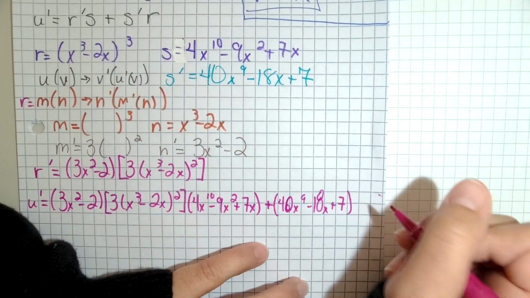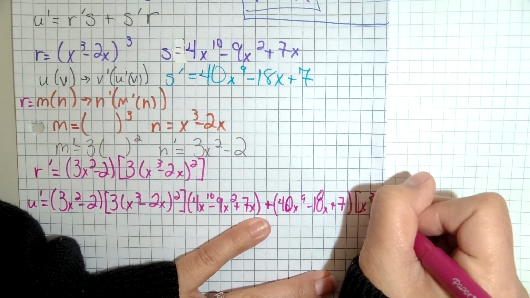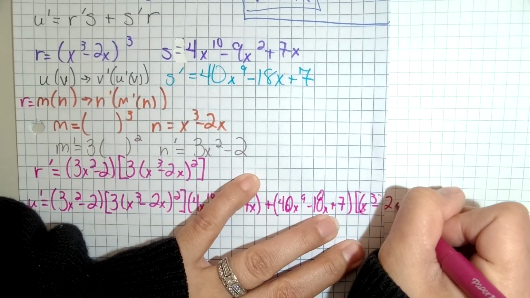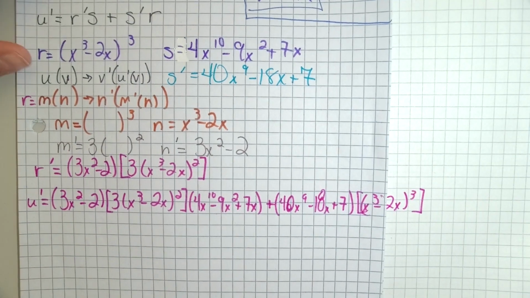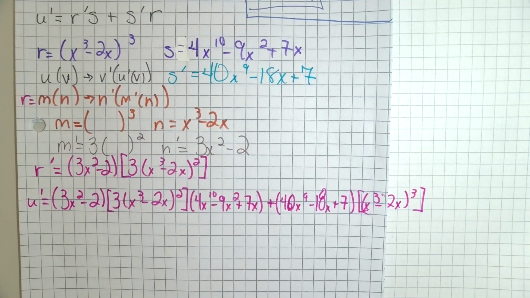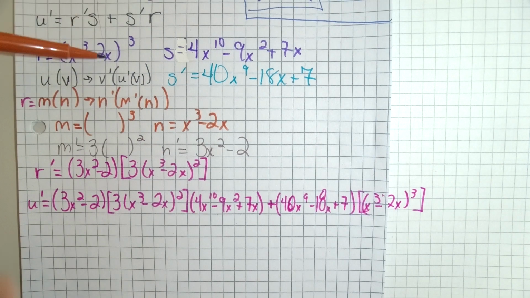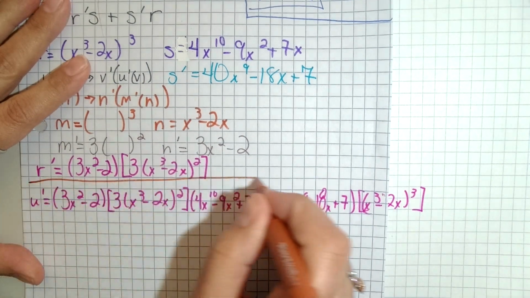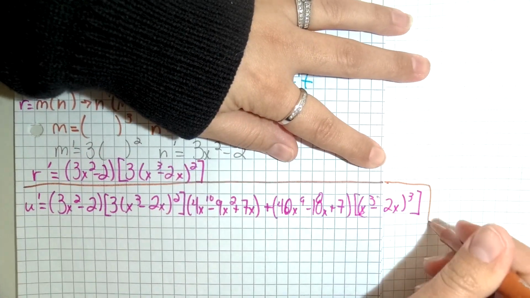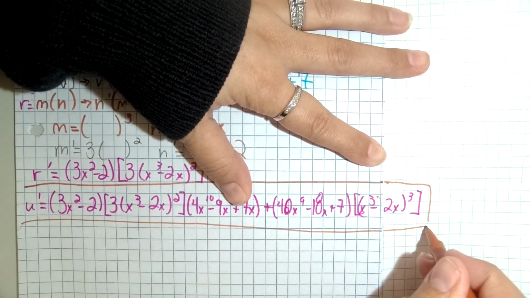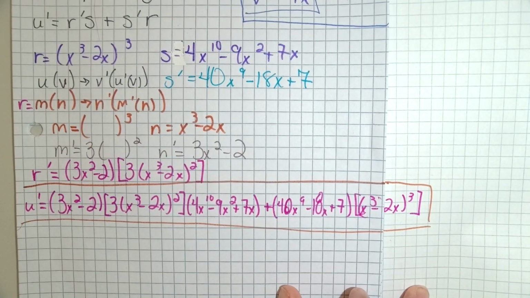And then R, which is x cubed minus 2x, all cubed. That is all of U prime. This whole thing is U prime. This is why it's really important for you to stay organized and label.